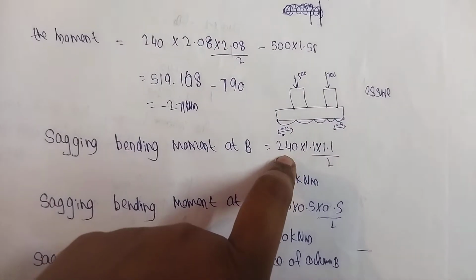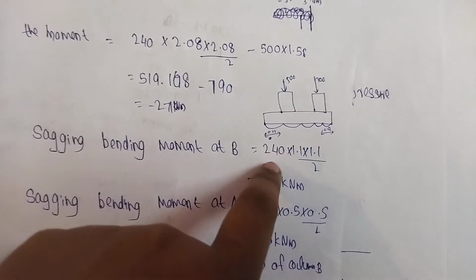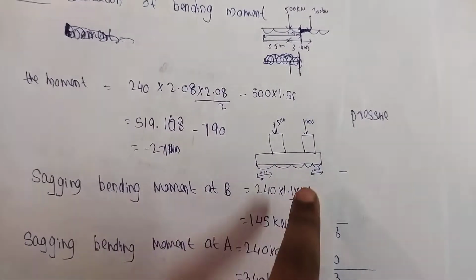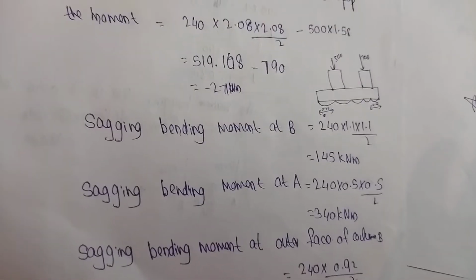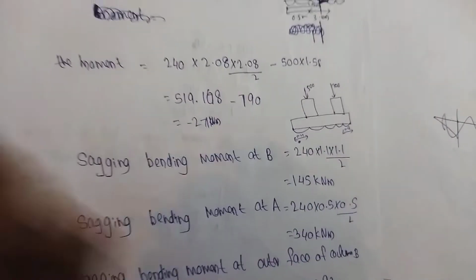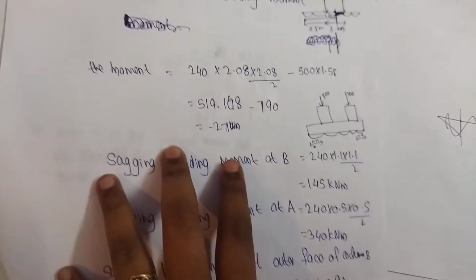Calculated using the pressure, that is 240 into 1.1 into 1.1 divided by 2. How do we get 1.1 from this figure?